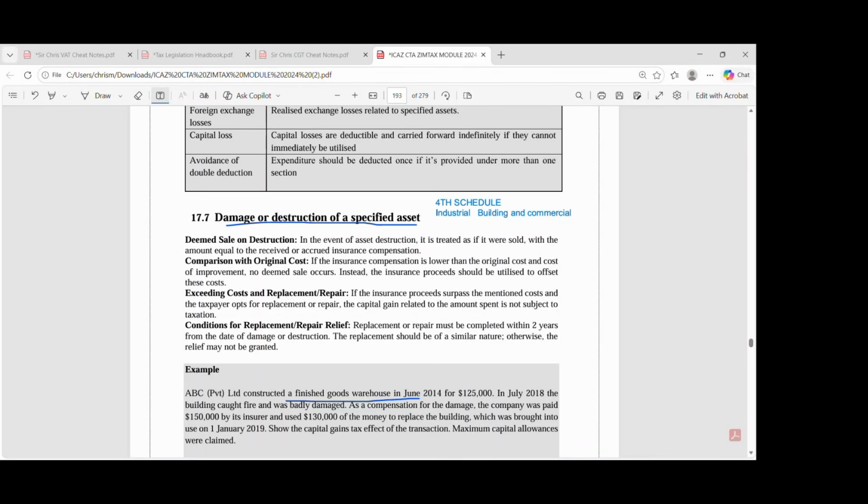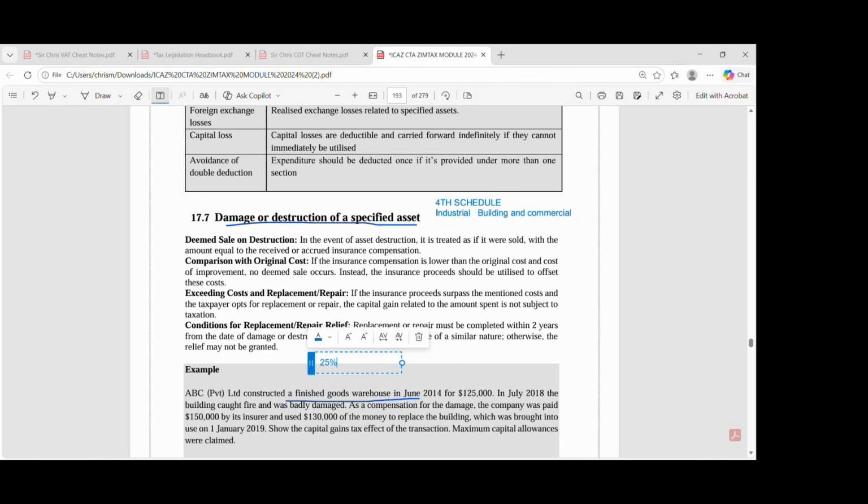So in this circumstance, it's finished goods. Before I think about CGT, team, this is an industrial building, number one, which means it was constructed, which means it attracts 25%.